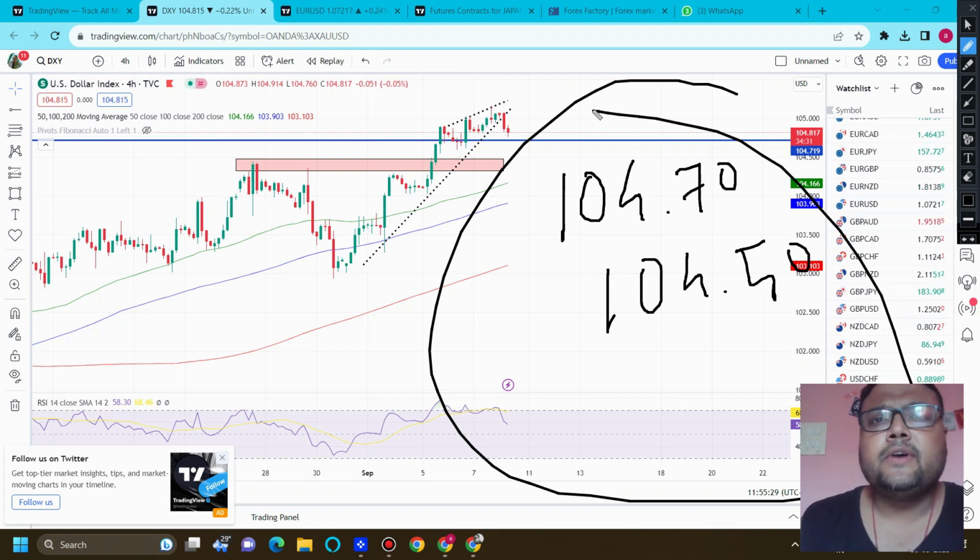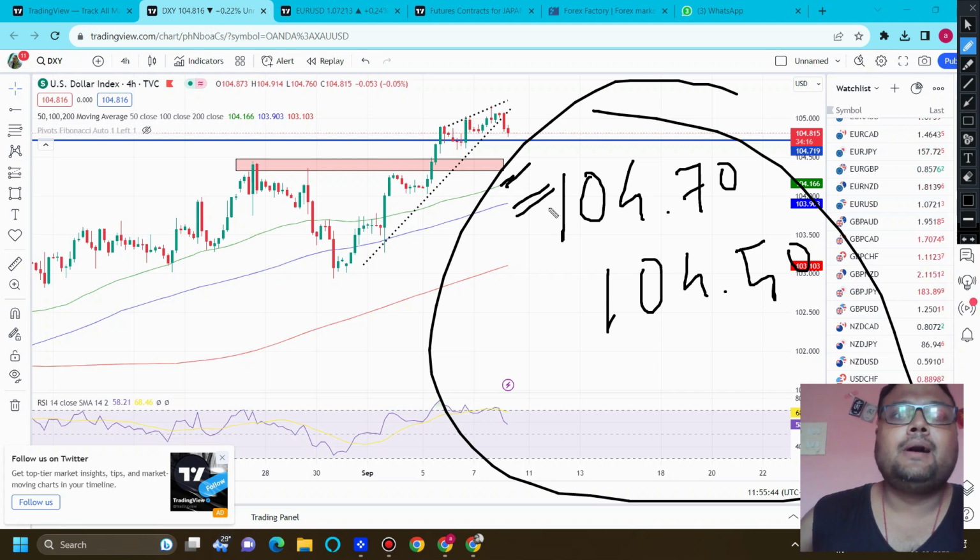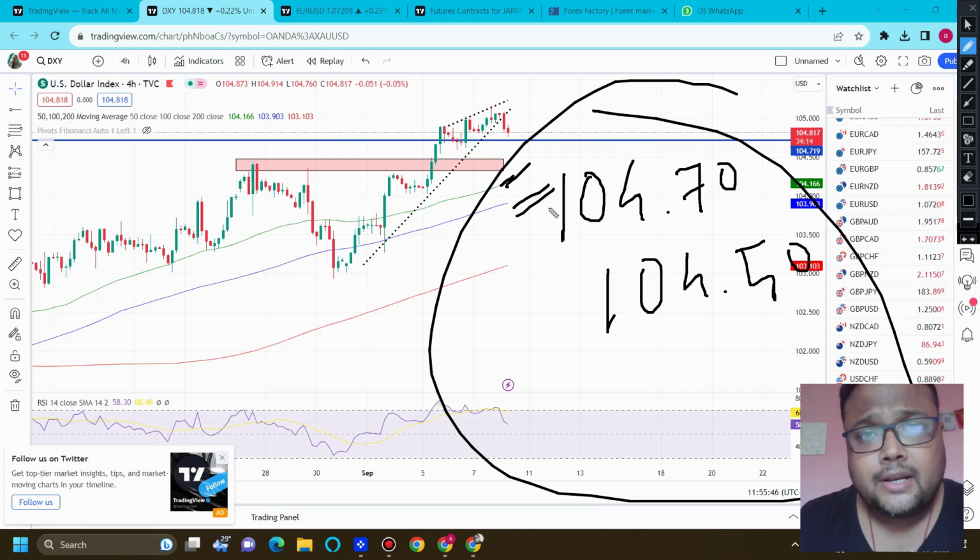In case by the US session the market shows volatility and DXY goes for a deeper retracement, we can expect that around 104, around the dynamic moving averages, the market will get support and DXY will bounce again. Overall, the market is in uptrend and the trend of the market should continue. So plan your trades accordingly.